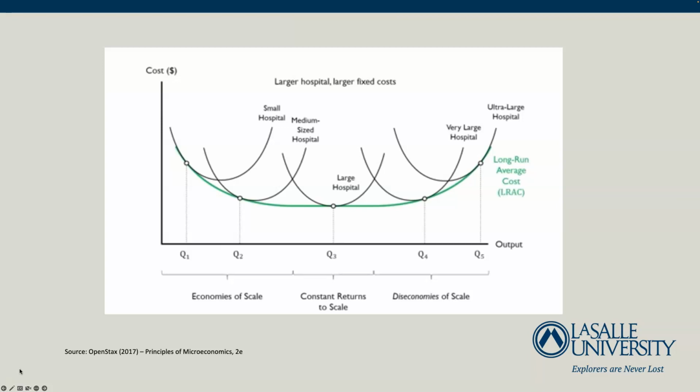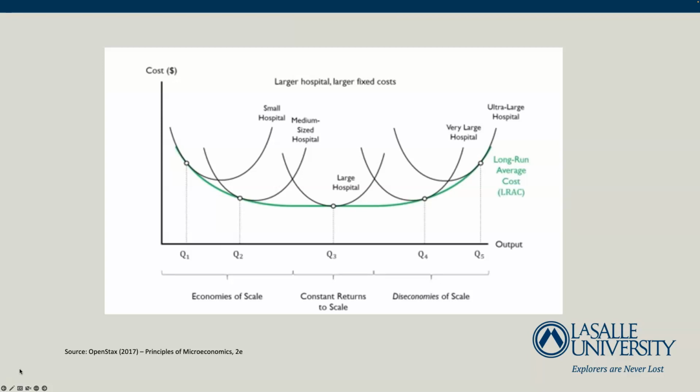However, moving from a large hospital to an ultra-large hospital, one might see some diminishing returns to capital and labor, and you might also start to observe reductions in productivity. That process is shown here and is referred to as diseconomies of scale. When the average cost of service provision actually rises as you're scaling up your operations, maybe it just becomes much more difficult to manage such a large hospital relative to this mid-tier large hospital.